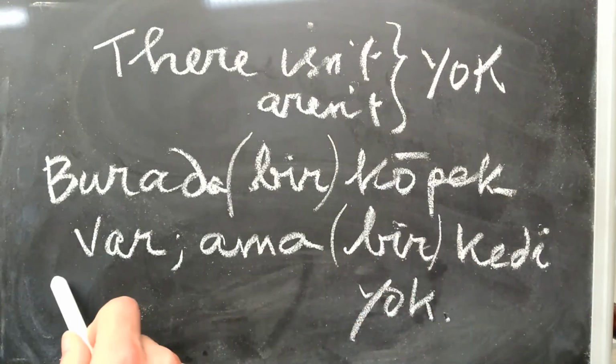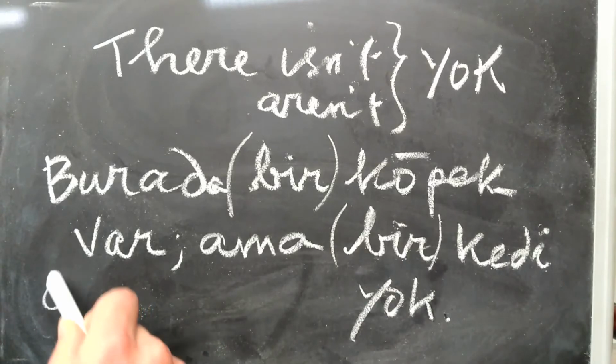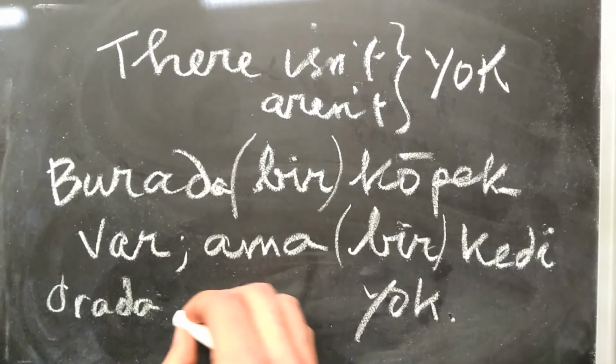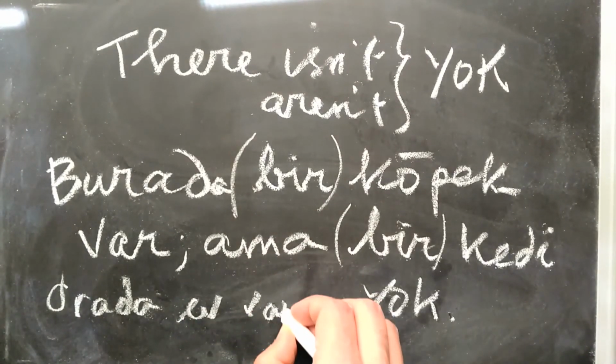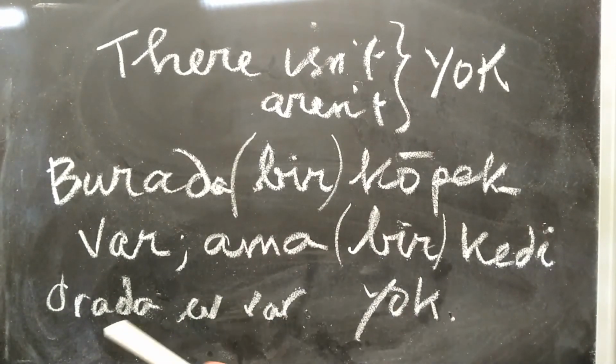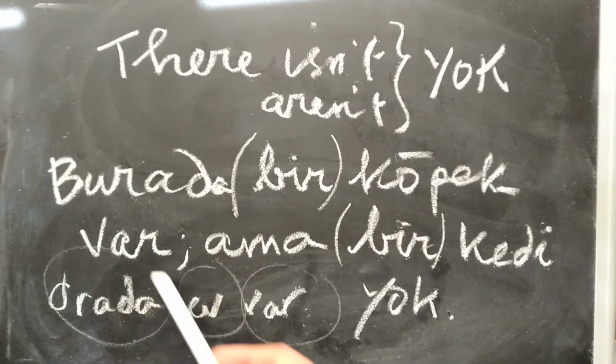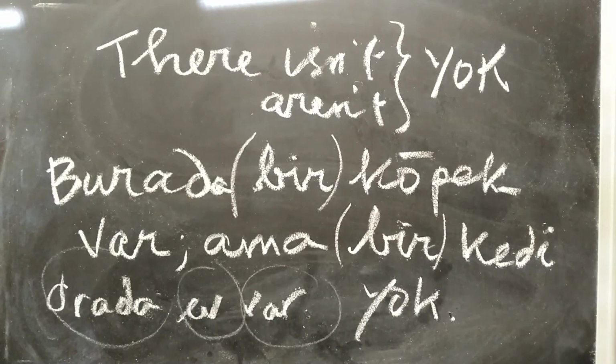And that would be over there, orada, ev var. Which literally goes their house present. Which is a bit Tarzanish, but it's perfectly okay in Turkish. This sentence is translated as, there is a house over there. Okay? It's slightly more flexible in Turkish, I guess.